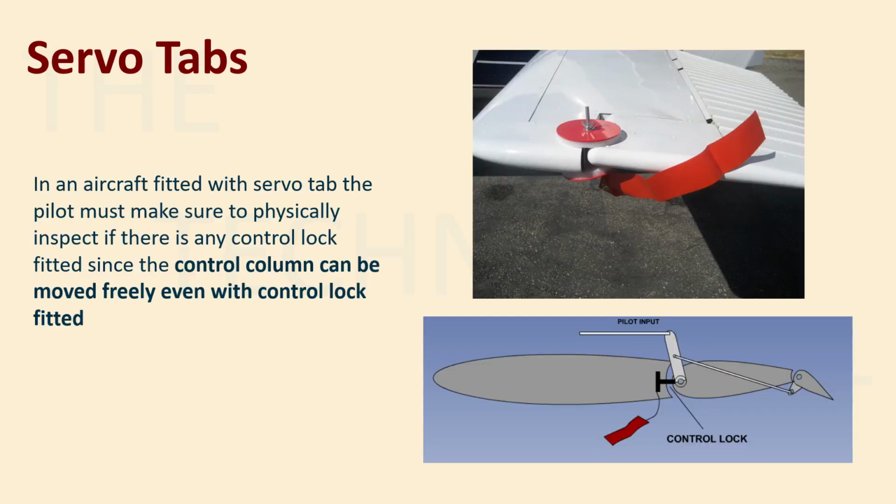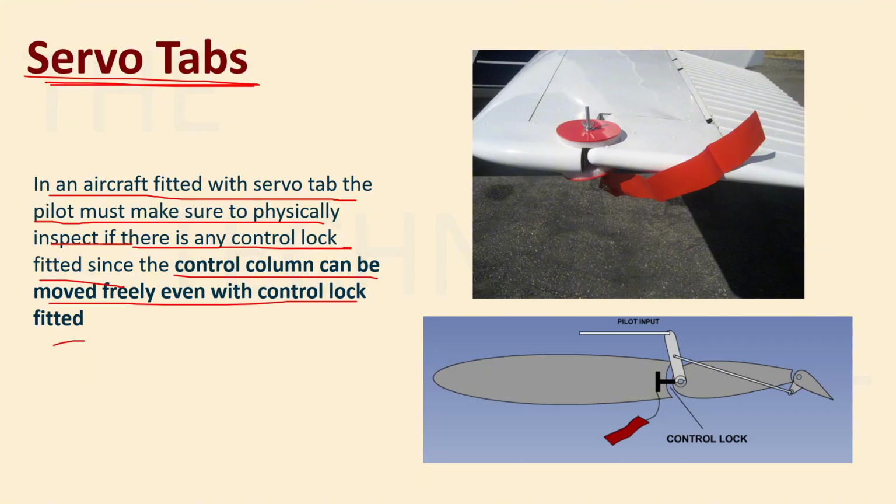Then, in servo tabs, the pilots need to be very aware when they do their pre-flight inspection. Why? Because in aircraft fitted with servo tabs, the pilot must make sure to physically inspect if there is any control lock fitted, since the control column can be moved freely even with the control lock fitted.